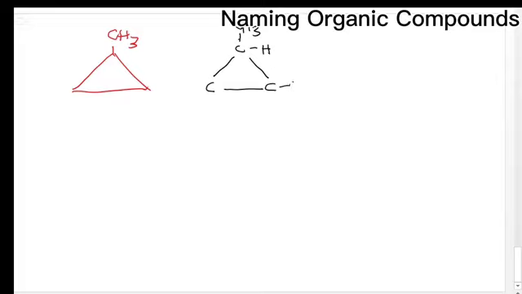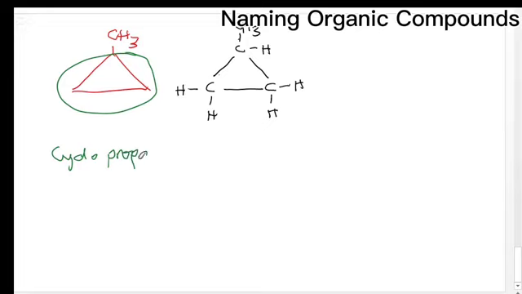Carbon 1, 2, 3, 4. Every carbon must have 4 bonds. This is 1, 2, then this is 3 and 4. So I have redrawn this structure this way. So looking at that structure, you know there is a cyclic compound there, and the cyclic compound is this in a triangular form. So that's a cyclopropane.